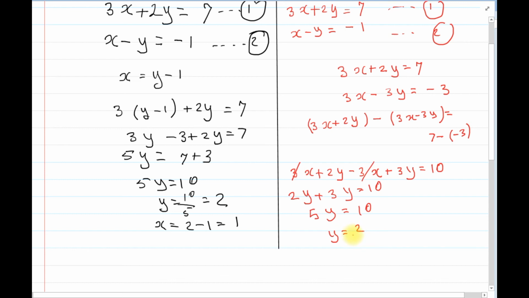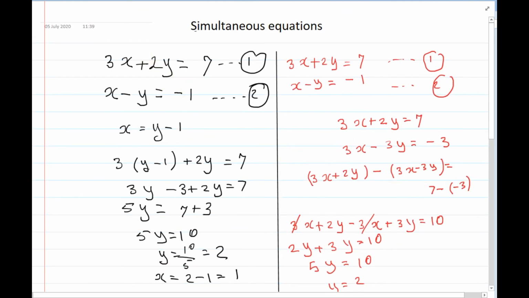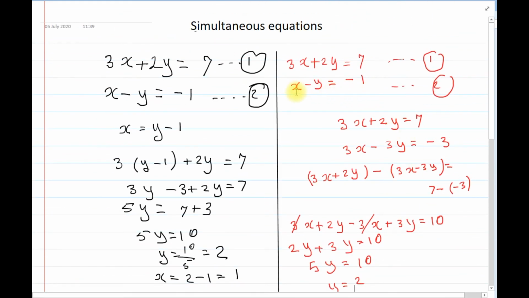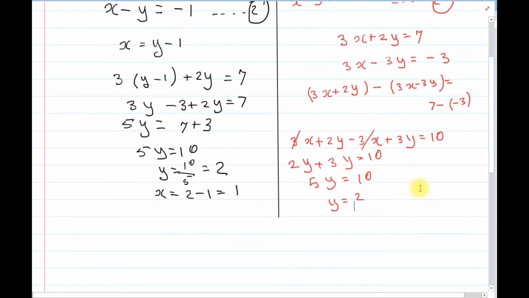Once we have one of the variables, we can substitute it in any of equations 1 and 2 to find the variable x. Here, if I put y equals 2 in the second equation, I have x minus y is equal to minus 1.